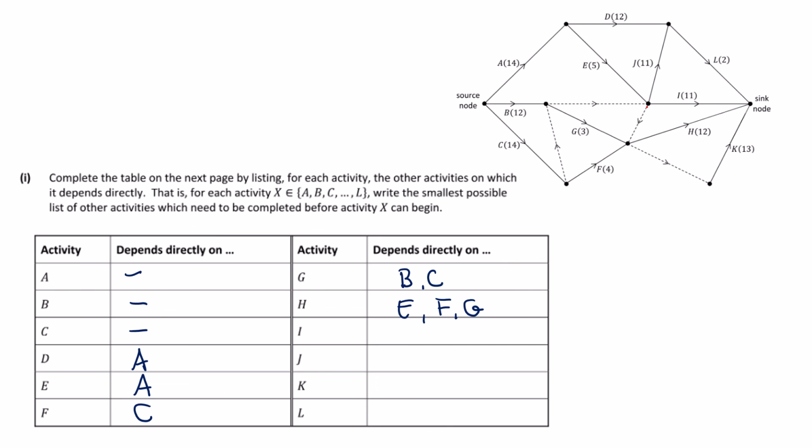So then our next one is I. So I is here. So we have a dummy feeding into it. We have E feeding into it. So E is definite. And then of the dummy, now we're going to say, well, B feeds into it.